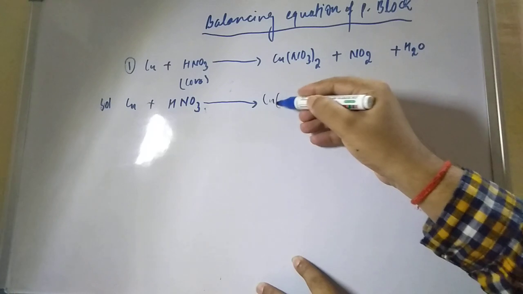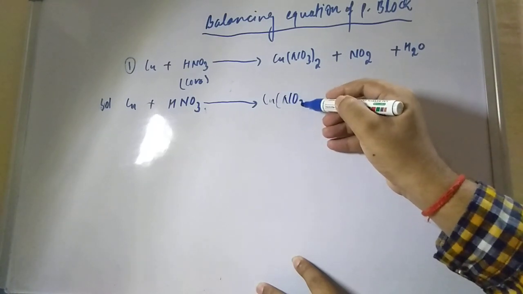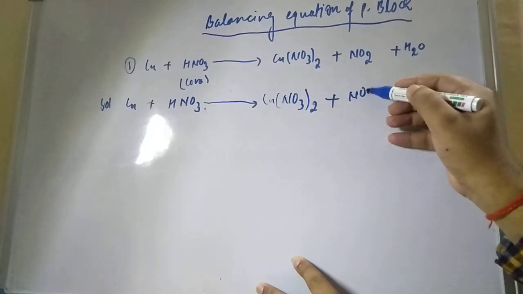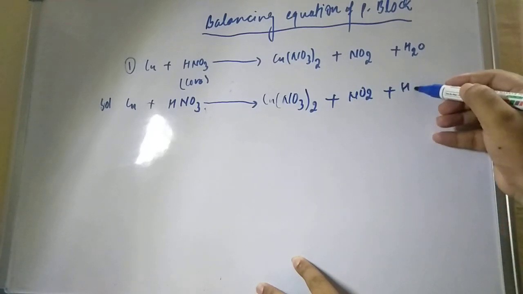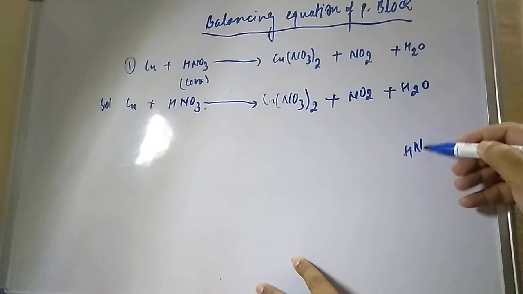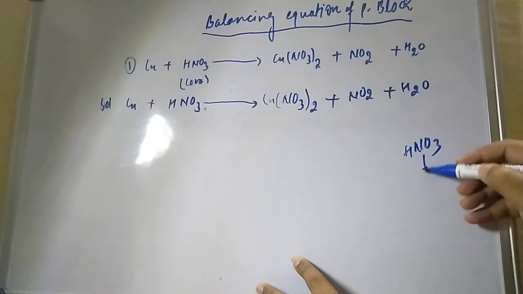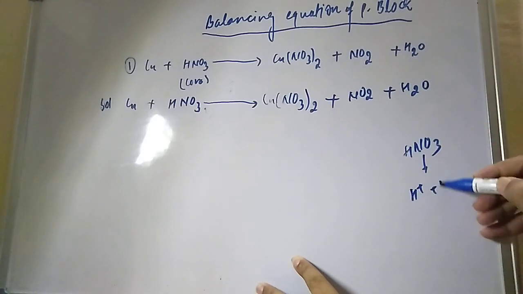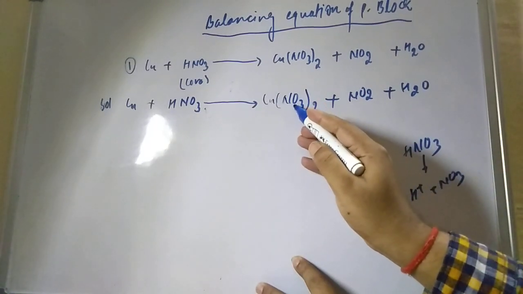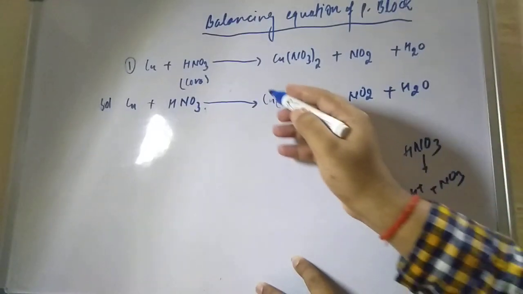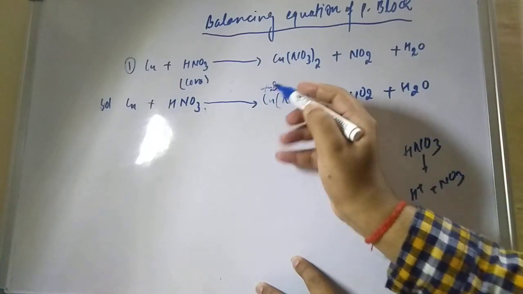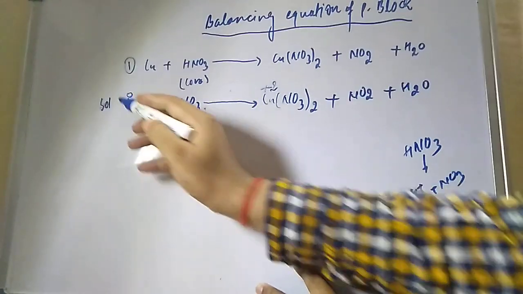So Cu here is copper nitrate, and you should know how to find the oxidation number, then only it is possible. Suppose you have HNO3. If you ionize it, it will give H plus and NO3 minus. NO3 minus means the nitrate ion is there. Two nitrate ions go to that side, so copper acquires a positive charge of plus 2, and in the free state it is 0.